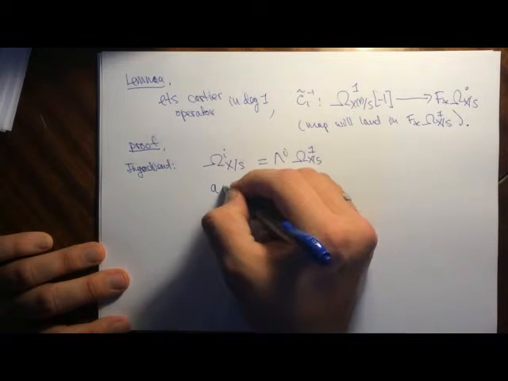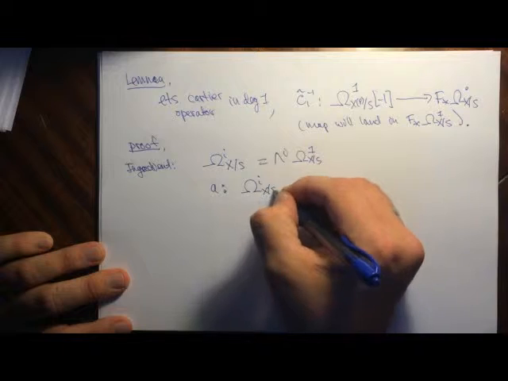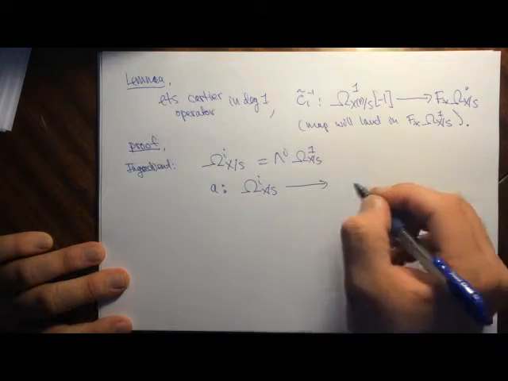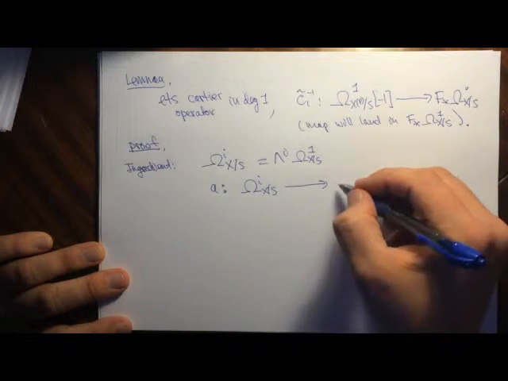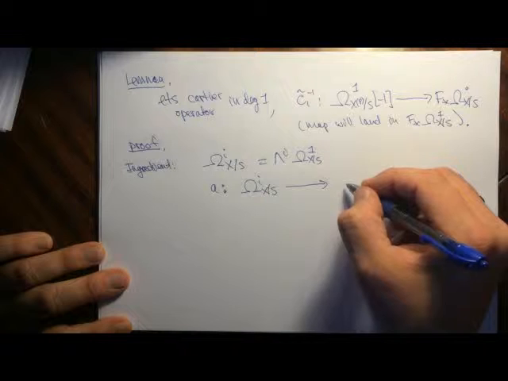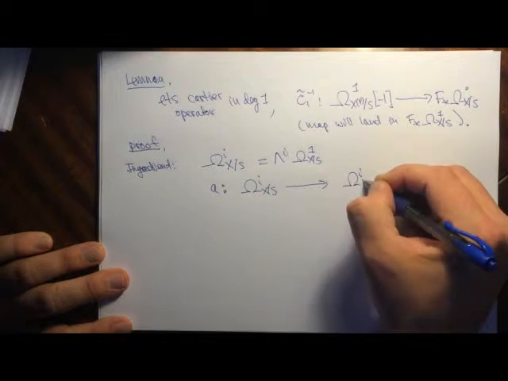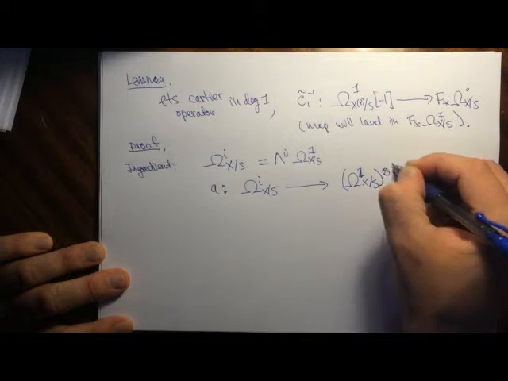There's a map from omega^I of X over S, and again this is not specific to X over S or to this complex here, to the tensor power of omega^1 to the I-th power.